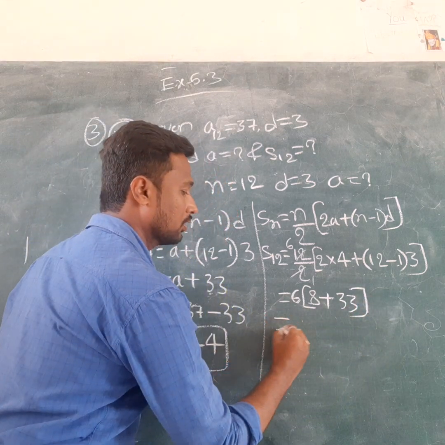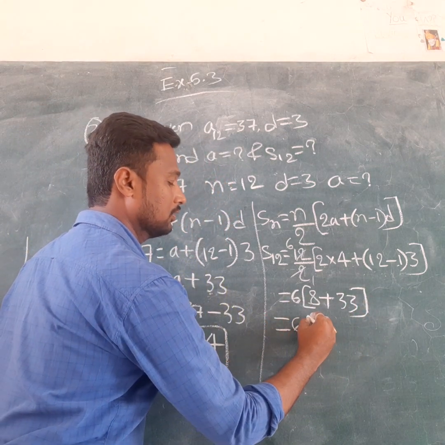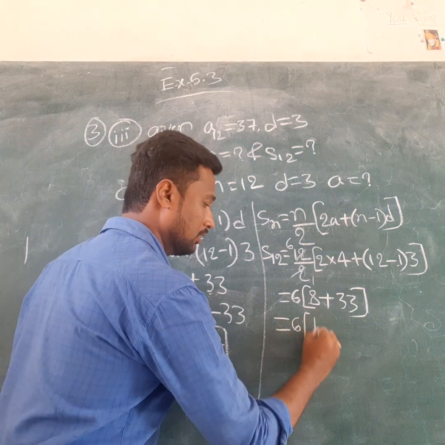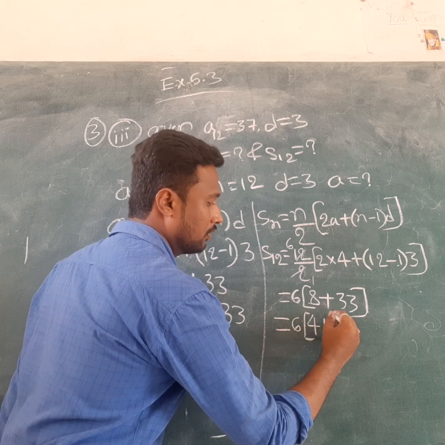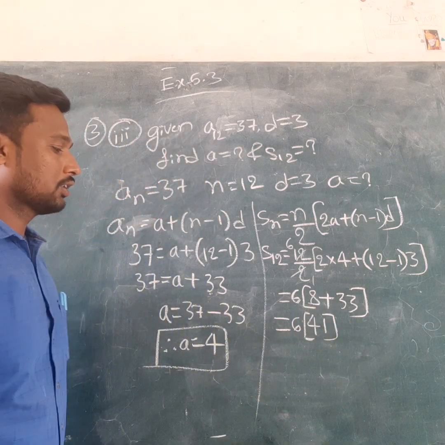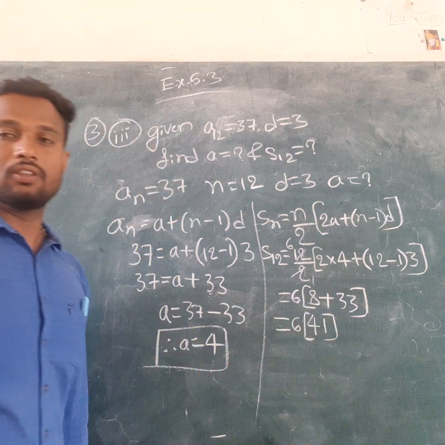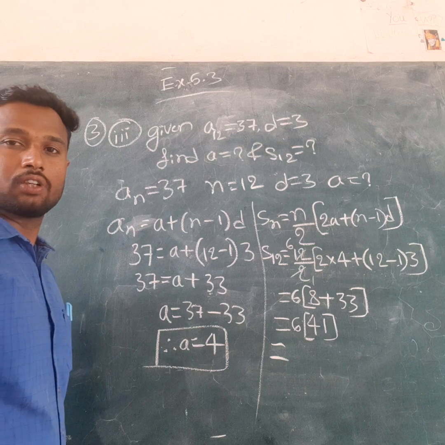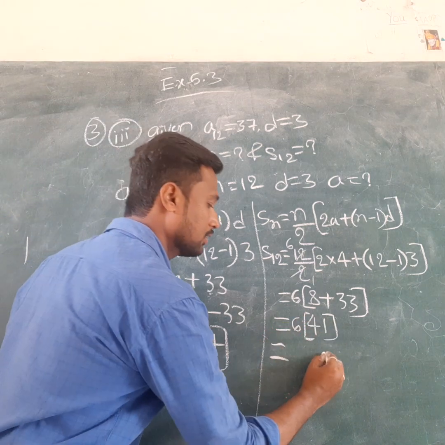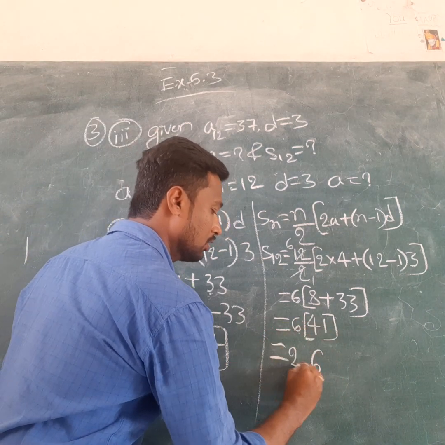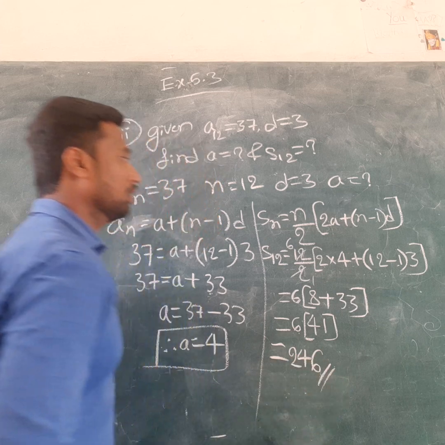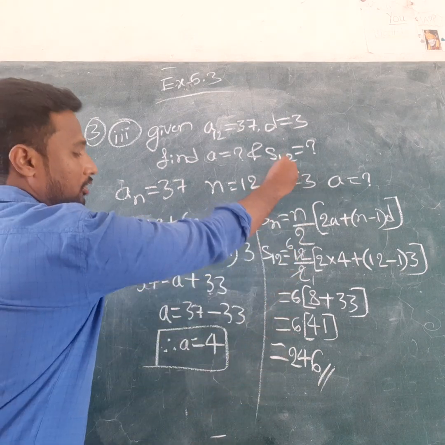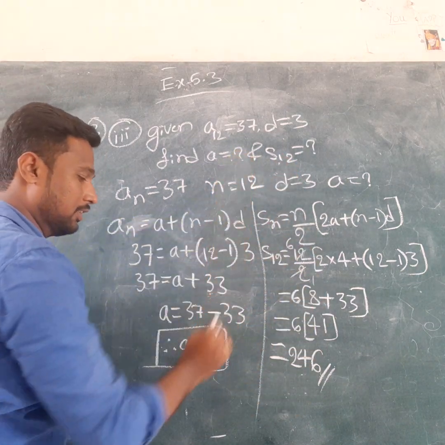So here we got 6 into 8 plus 33. 8 plus 33, what is the answer? 41. So here 6 into 41. What is the answer we will get? 6 into 41 means 6 1s are 6, 6 4s are 24. So sum of 12 terms is 246. S12 is 246 and a value is 4.